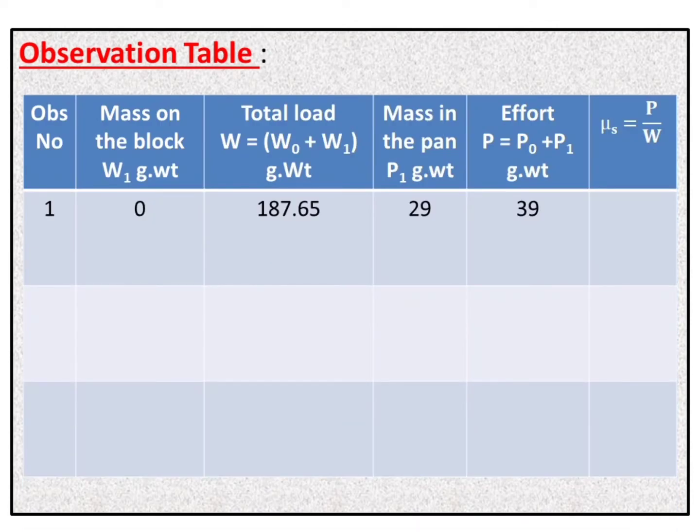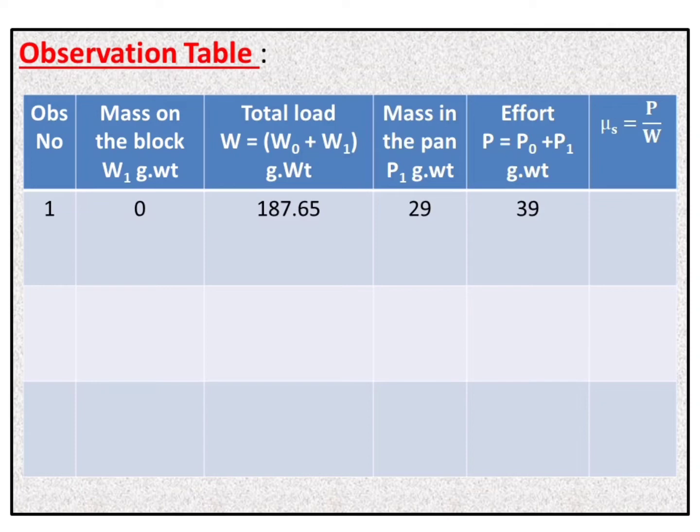In this table, you will observe observation number, mass on the block W1, total load W equal to W naught plus W1, then mass in the pan, which is P1, then effort P equal to P naught plus P1, and then mu s, that is static friction, equal to P by W.